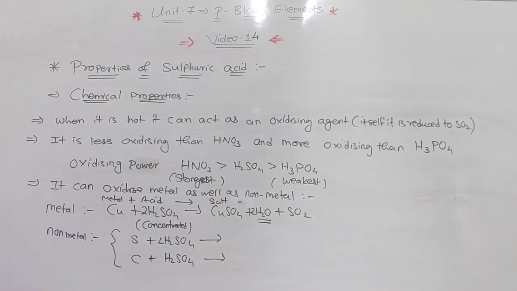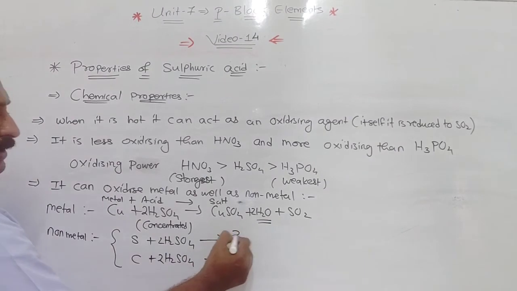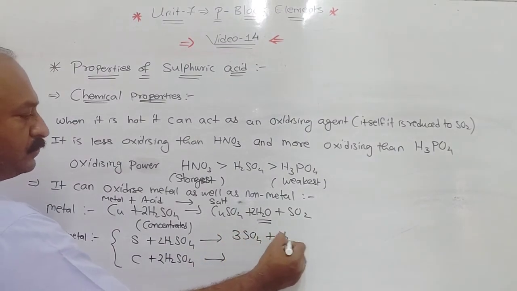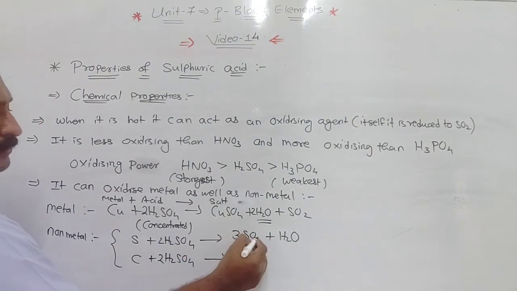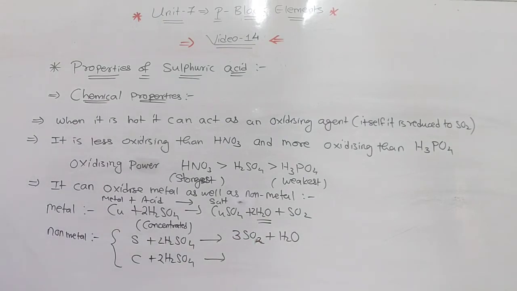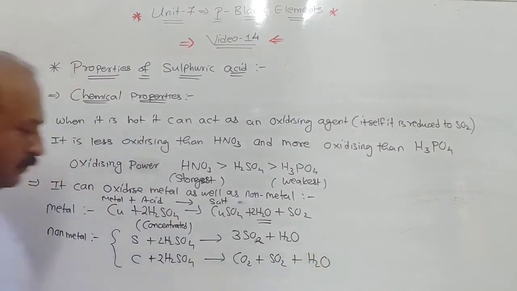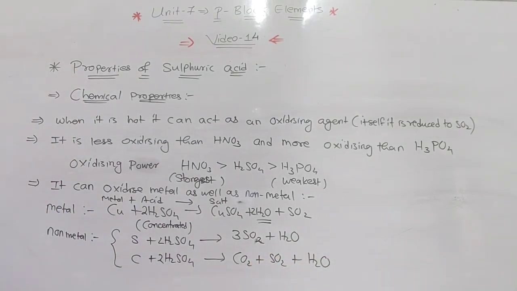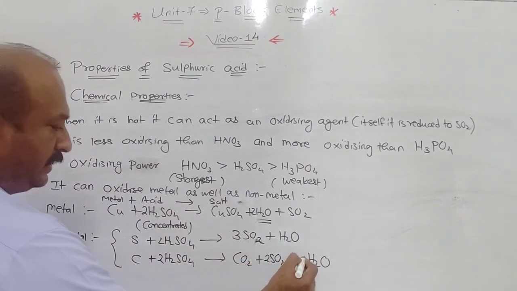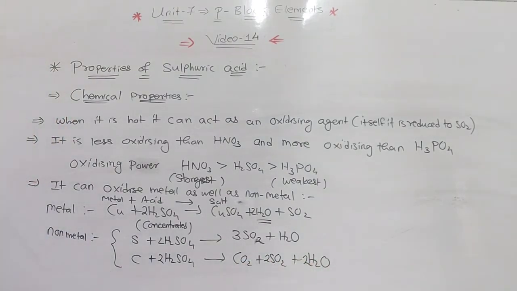Sulfur plus H2SO4 gives 3SO2 plus H2O, that is sulfur dioxide plus water. In the second case, carbon gives CO2 plus SO2 plus H2O. In this case it is not balanced, so I can write here 2.